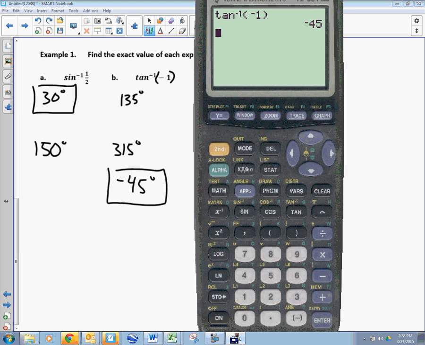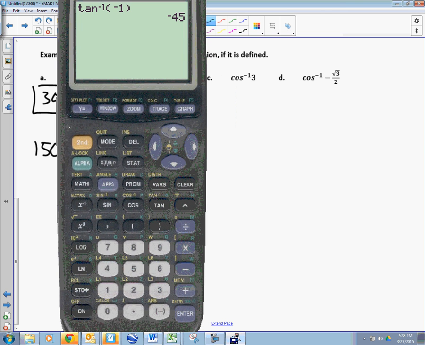That's when we're solving trig equations. Look at the next one. Can you take the cosine inverse of 3? No, there's no solution there. Look on your sheet. Where is cosine equal to -√3/2? 150 degrees and 210 degrees.